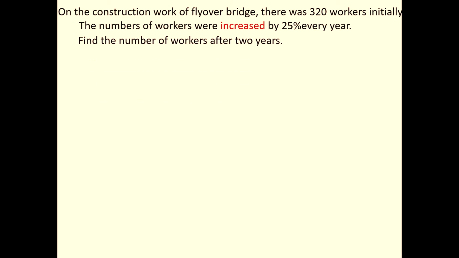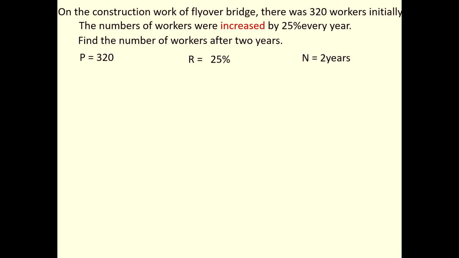Let us see an example once more. On the construction work of a flyover bridge, there were 320 workers initially. The number of workers increased by 25% every year. Find the number of workers after 2 years. So P is given to us as 320, that was in the beginning.